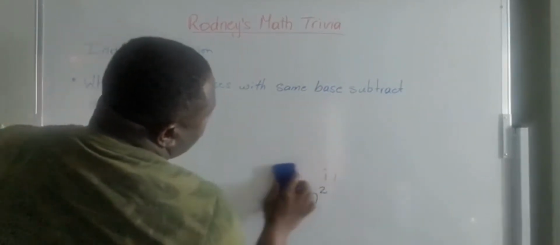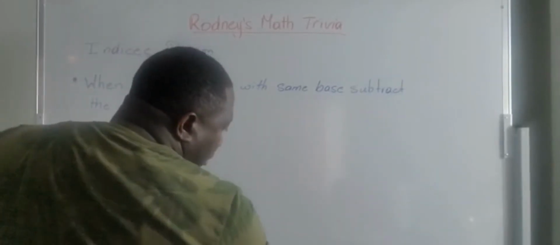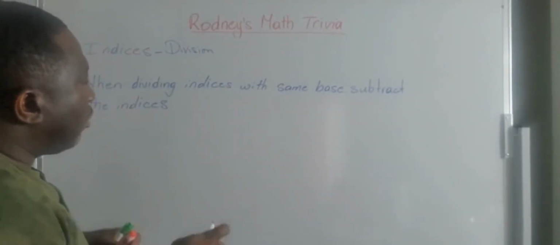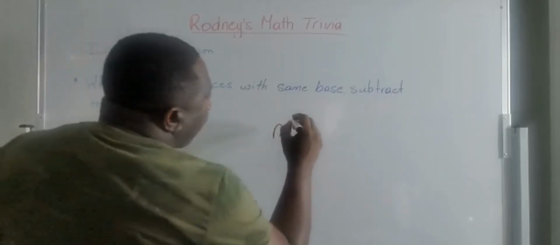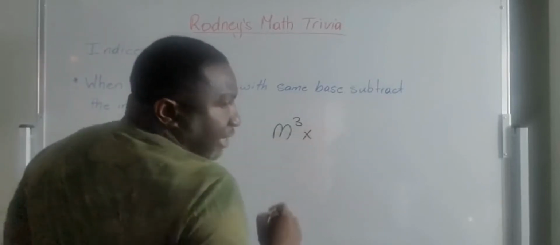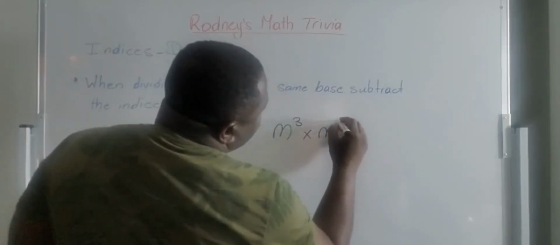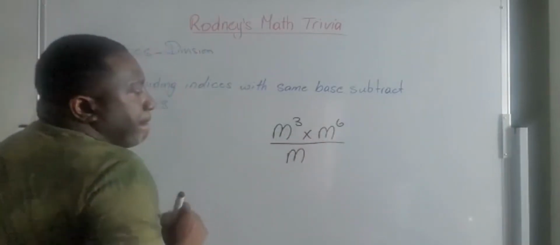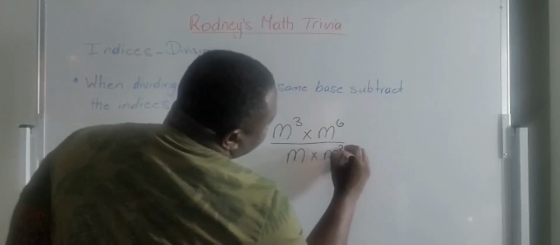So I'm just going to be looking at a little more problem that might be a little more complex. m to the third is multiplied by m to the sixth is being divided by m times m to the second.